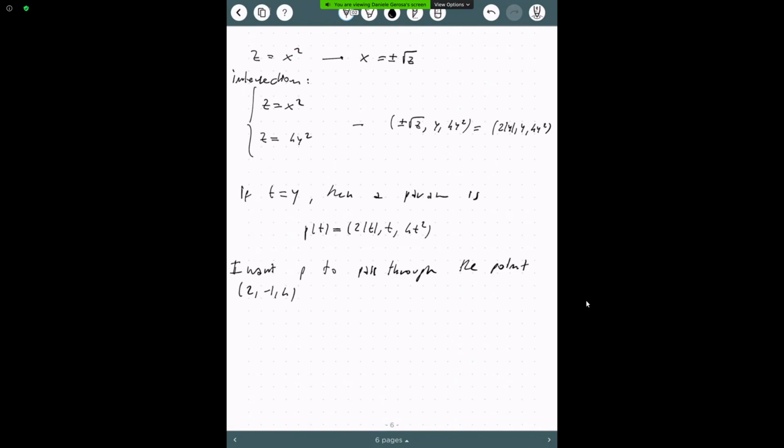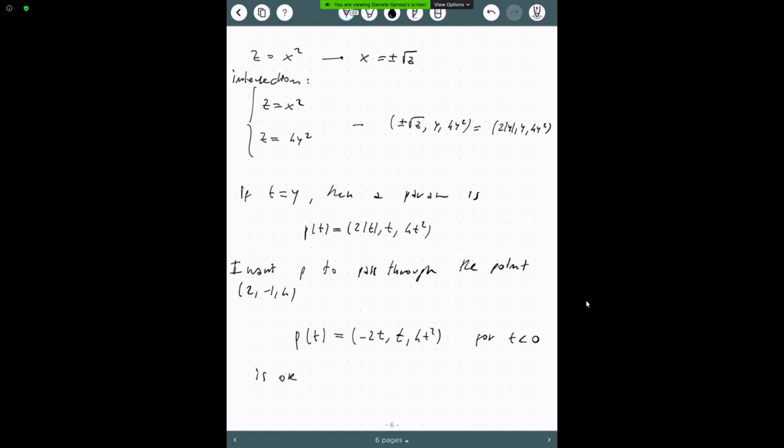So, for instance, I can say that P of t, this parameterization here, for t negative, is okay.